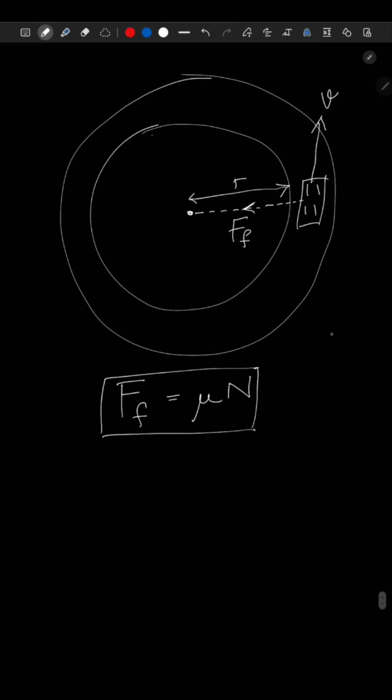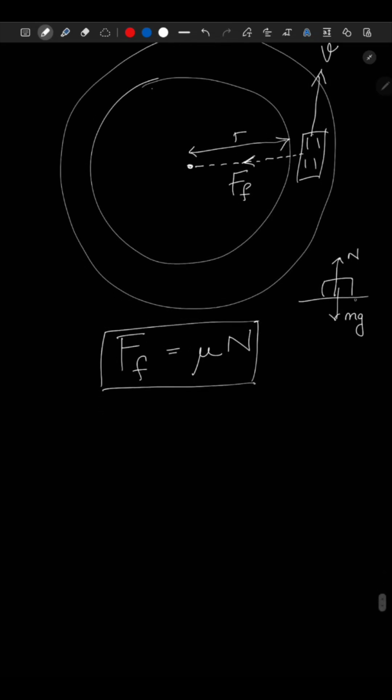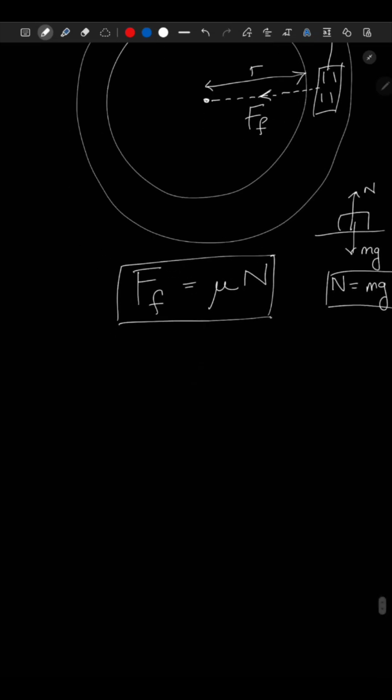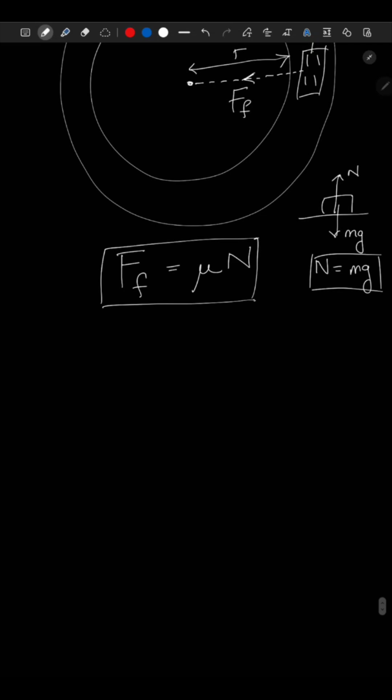If a body is in contact with the ground, it always has a normal force, and the weight is acting opposite to the normal. So in this case, the normal force is equal to the mass times the gravitational acceleration. We can just replace the normal force with mg, the weight of the car.